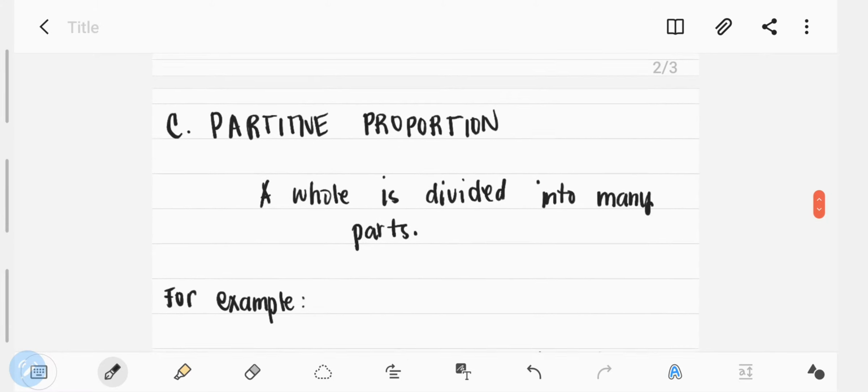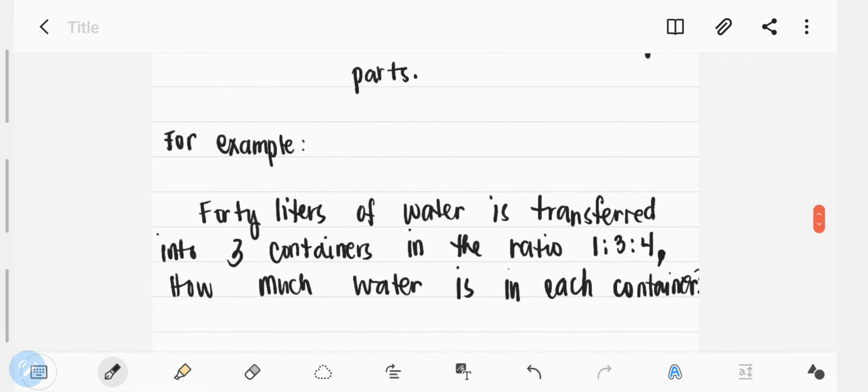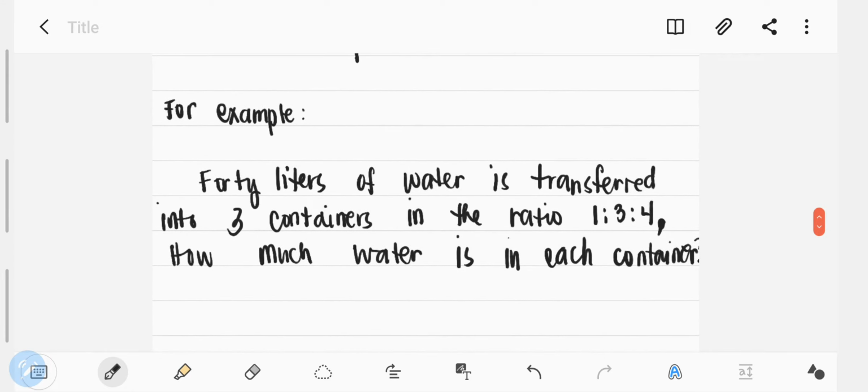And then, last one, we have C, partitive proportion. I already discussed this, but we call this partitive proportion. Let me explain again. A whole is divided into many parts. It is not similar to direct and indirect because this is solved by partitioning. So, we just solve according to ratio.